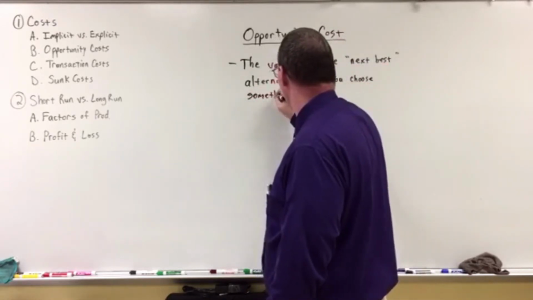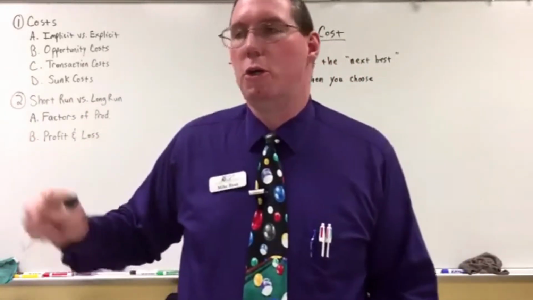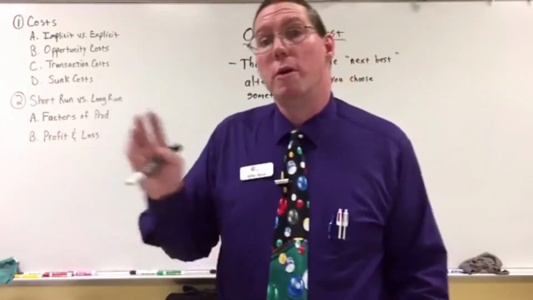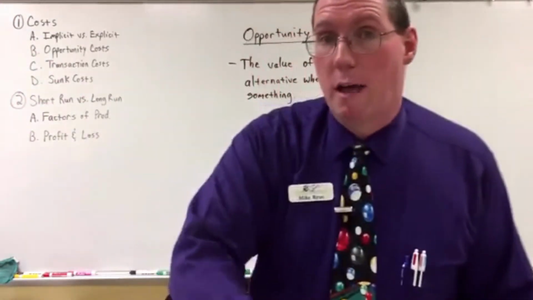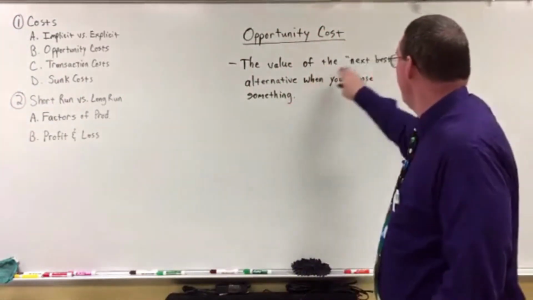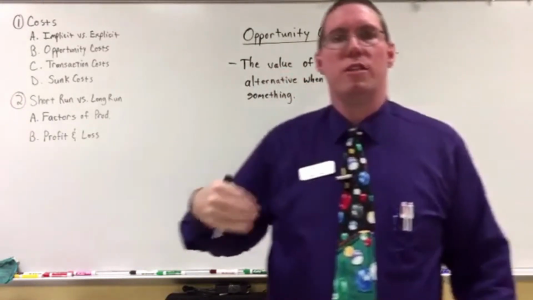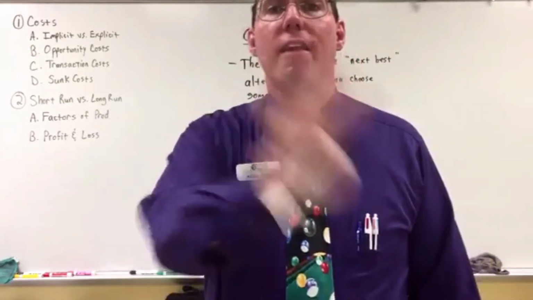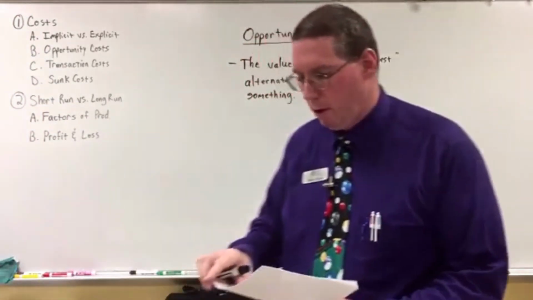Okay? So you make a decision, you decide to go to the basketball game. So the next best thing you would do if you didn't go to the basketball game is you would go to the football game. So you give up the football game to go to the basketball game. Since the football game was your next best alternative, that's the next best thing that you were going to do, whatever the value is, whatever utility or benefit you would have gotten out of going to the football game, you're giving that utility up so that you can go get the utility of the basketball game.